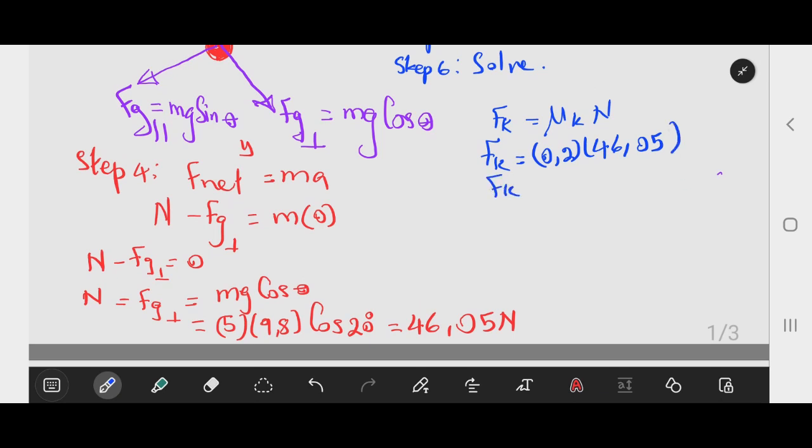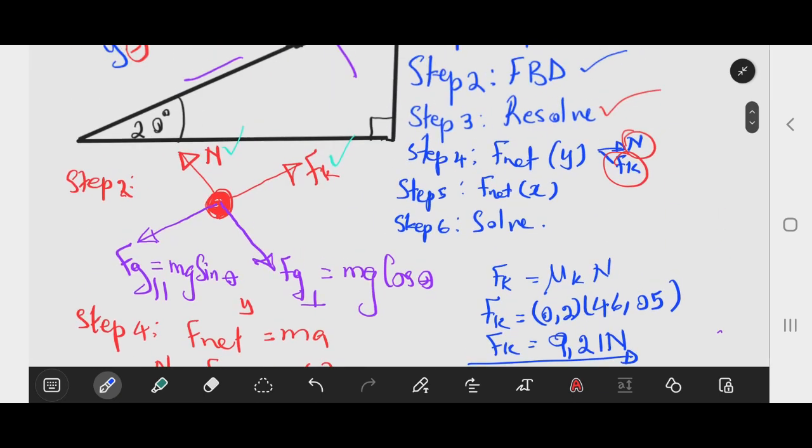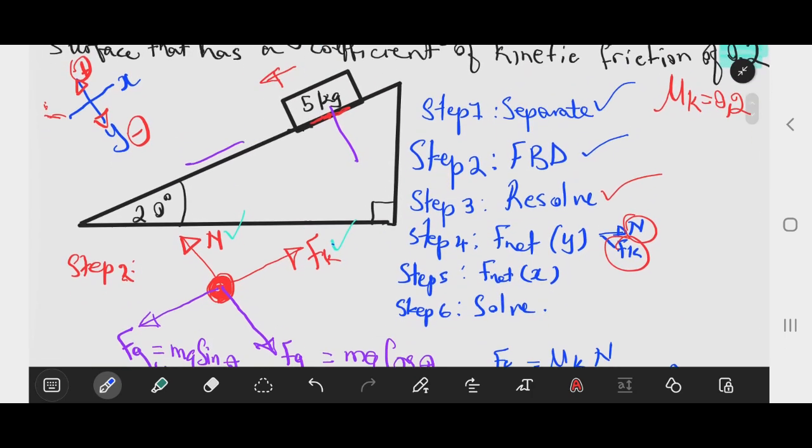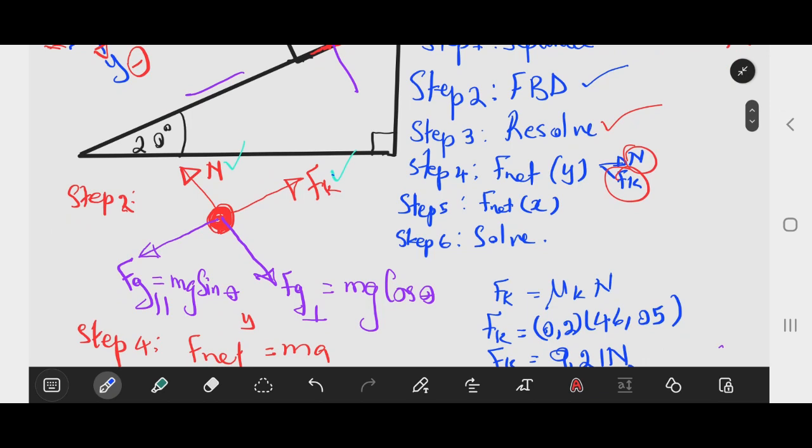Okay, so Fk is equal to 0.2 multiplied by 46.05. So that is our frictional force, which is 9.21 newtons. Okay, so that is the magnitude of the frictional force, and the direction of the frictional force is up the incline, right, as you can see from the free body diagram.